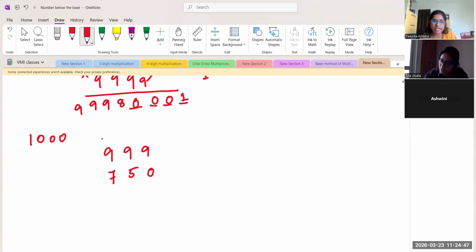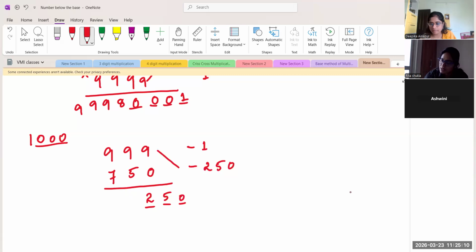So 999 minus 1000 will be -1. 750 minus 1000 will be -250, right? And then right side of the answer, 3 digits it should accommodate. So 3 digits, -1 into -250 is +250, right? And just find out the cross answer.